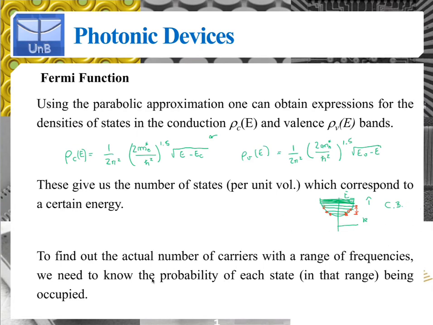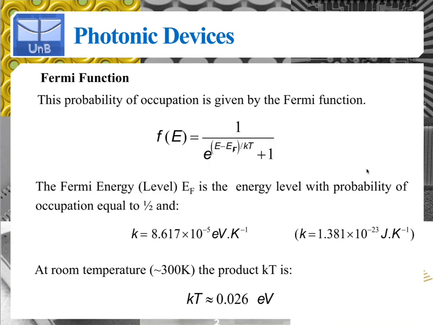So we need to know the probability of each state being occupied, and this is the Fermi function, or the probability of occupation. So f of E, the Fermi function, is equal to 1 over e to the power of the energy minus EF, which we'll see the definition of in just a minute, divided by kT, where k is the Boltzmann constant, 8.617 times 10 to the minus 5 eV per Kelvin, plus 1.